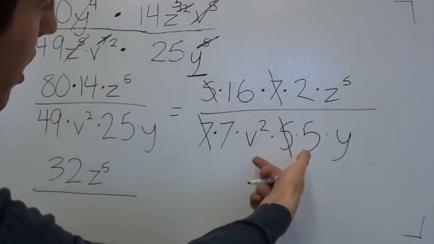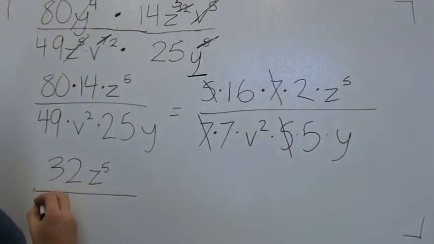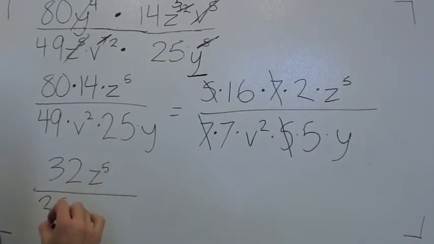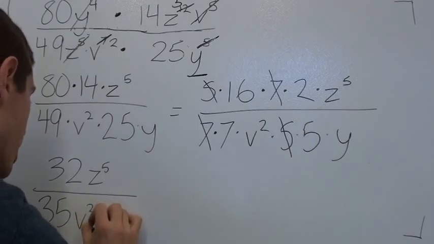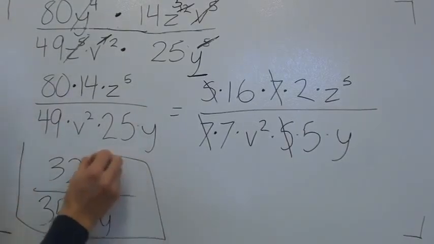I'm going to move the 7 next to the 5 and do those first, right? So 7 times 5, 35, v squared y. That is your final answer right there.